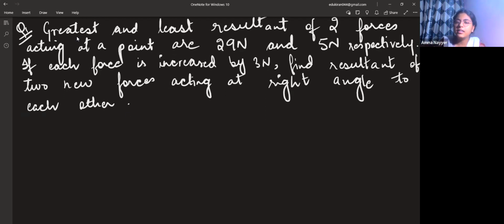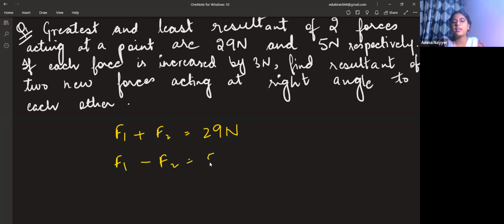That means F1 plus F2 is 29 Newton. If it says least resultant is 5, that means F1 minus F2 is 5 Newton.